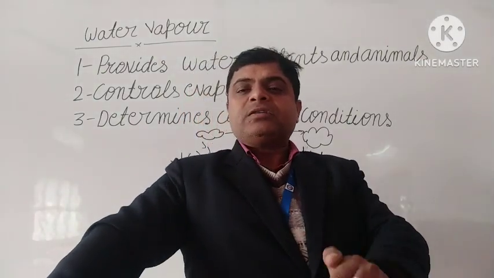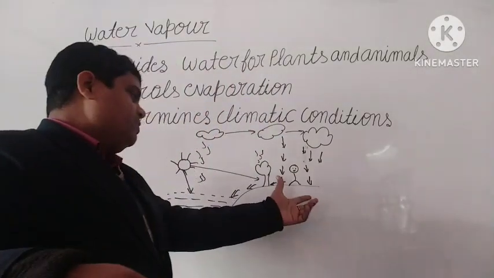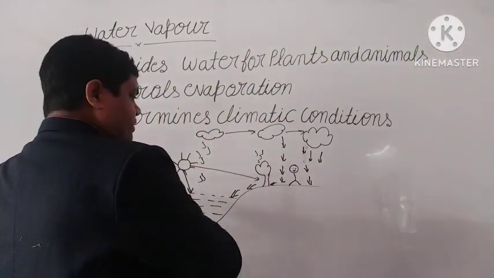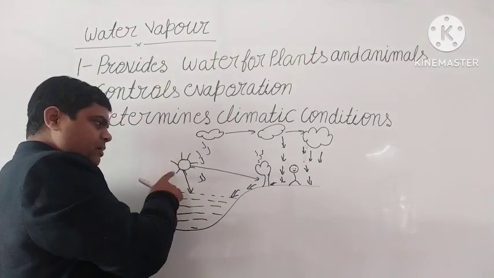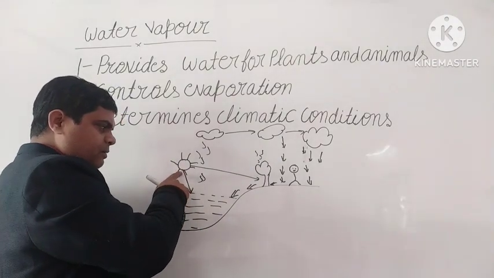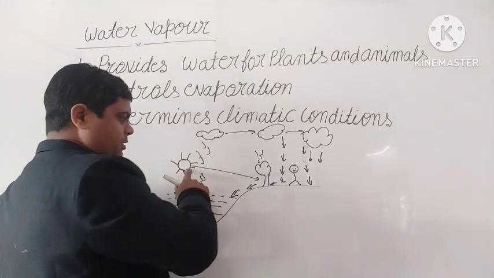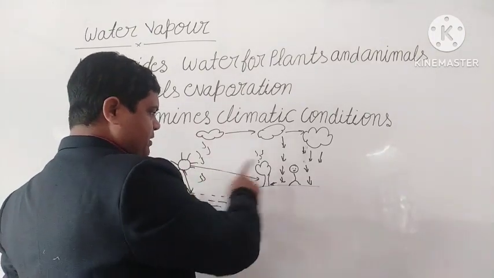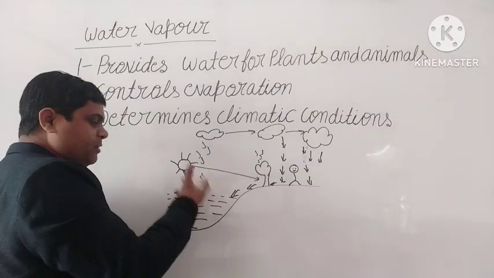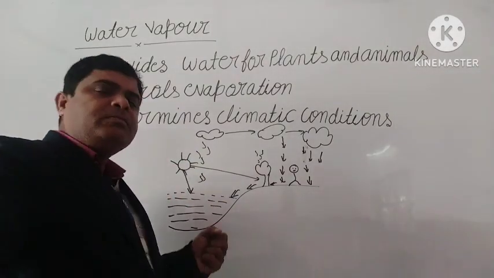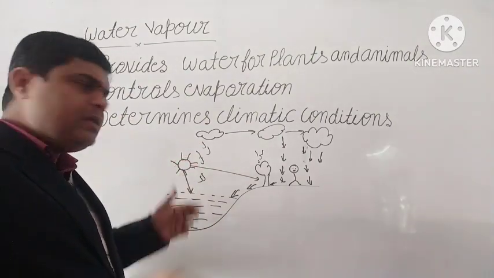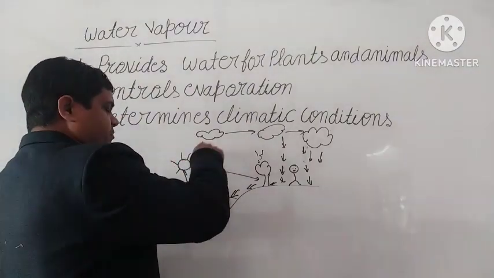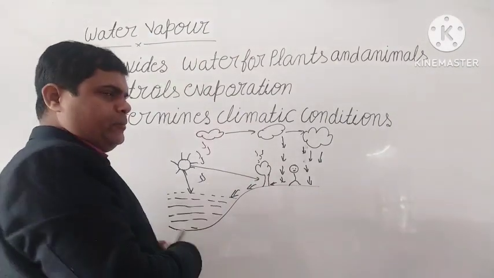You know how water changes into water vapor? See, this is one water source. See, this is the sun. In the daytime, sunlight is absorbed by the water, and by plants or human beings. After that, this water absorbs heat from the sun and changes into vapor form. Clear? In the vapor state, it moves upward.